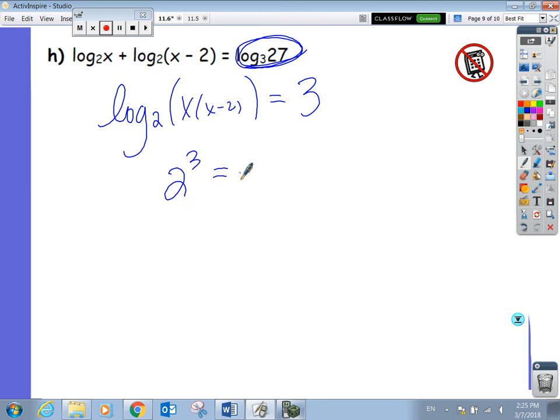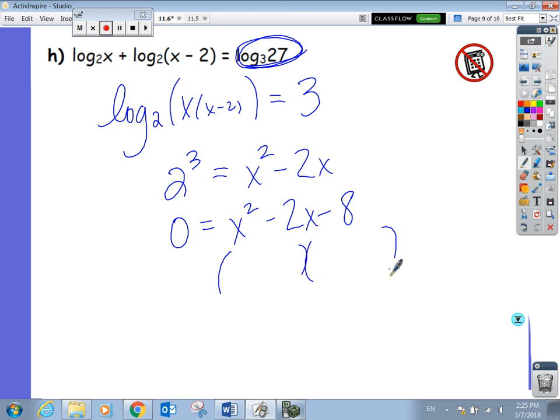2 to the third equals x squared minus 2x. Bring that 8 over. X squared minus 2x minus 8. X, 4 and 2. We need a minus and a plus. So x equals 4 and negative 2.